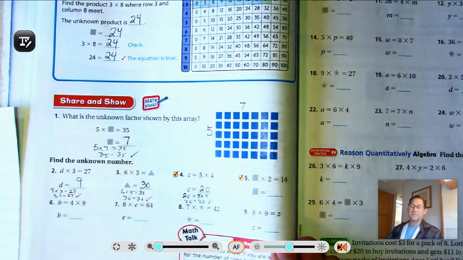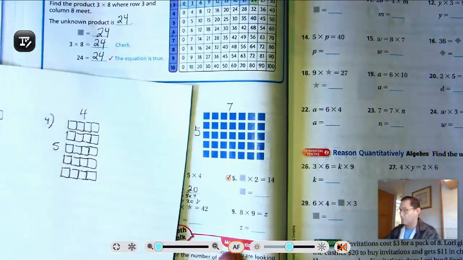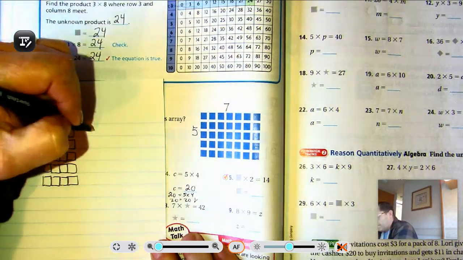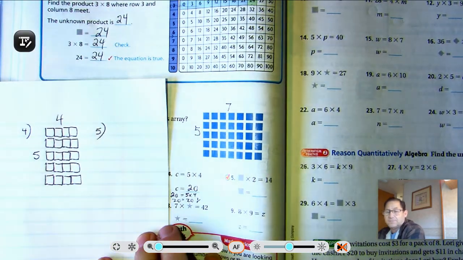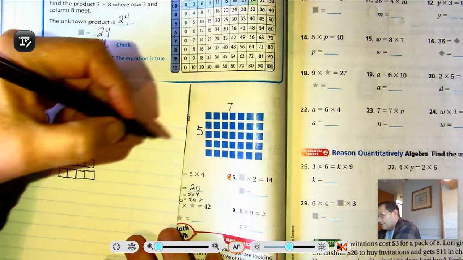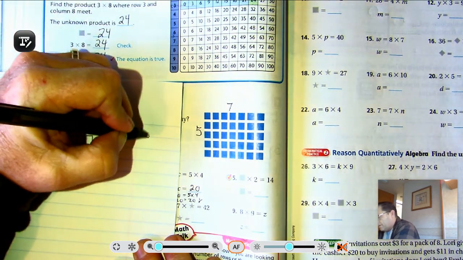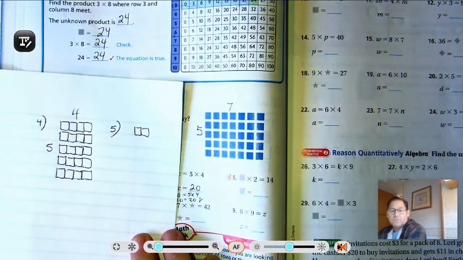All right, what number times 2 is 14? Okay, if you know the number times 2 that equals 14, write your answer. All right, so I'm going to have some rows of 2 that equal 14.